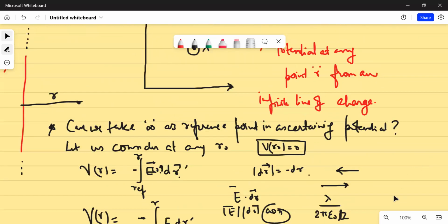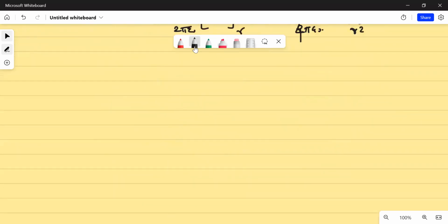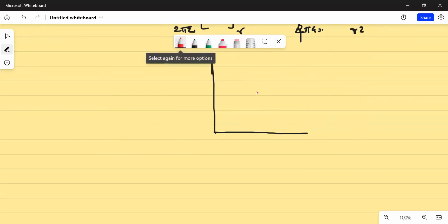Is that clear? Now I'll write the problem in more elaborate sense. So I think this was our case. Just give me a minute. There were two infinite grounded conducting planes, and we placed an infinite line of charge which is parallel to the z-axis at point a comma b, and because of this there would be a minus lambda here at a comma minus b.